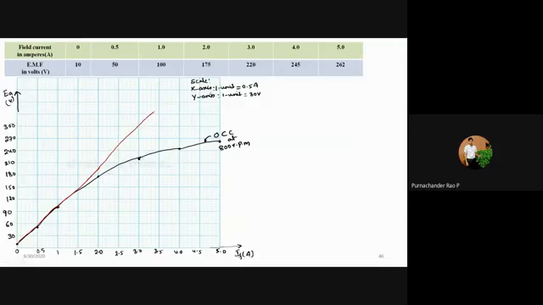This is your tangent to the initial portion of the open circuit characteristics.